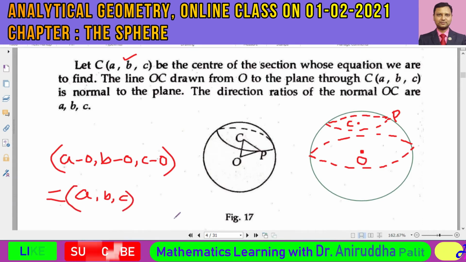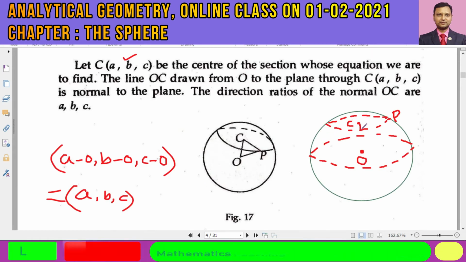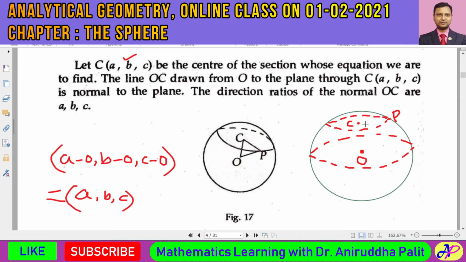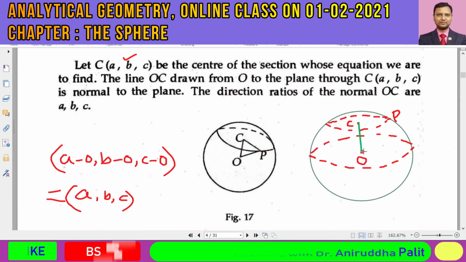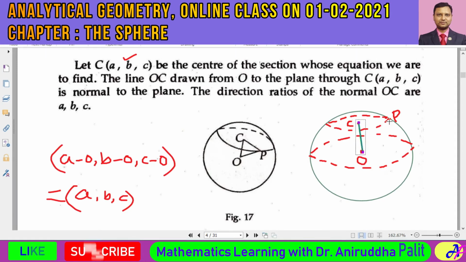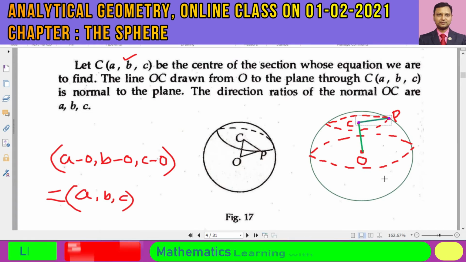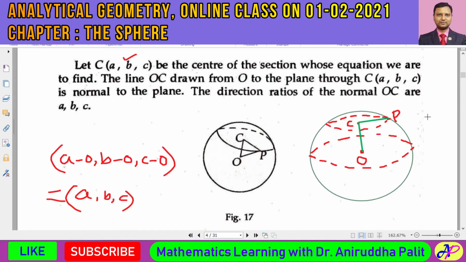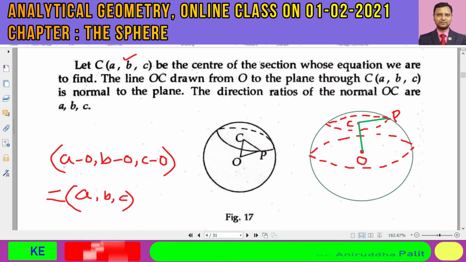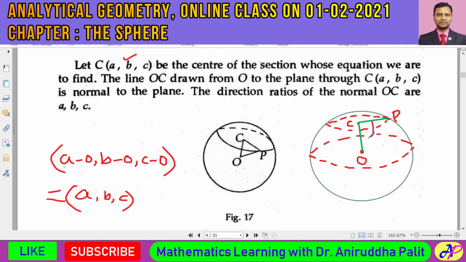And you see this straight line OC and the straight line PB, this angle must be a 90-degree angle, so that angle should be equal to pi by 2.